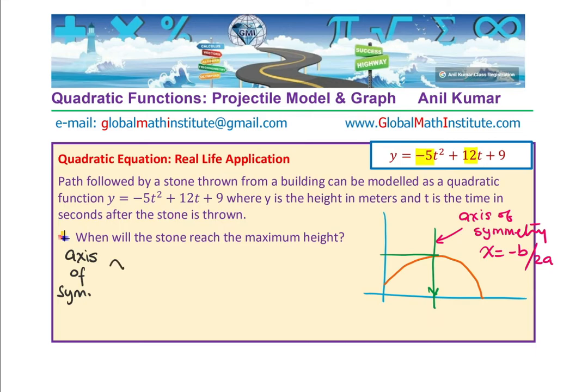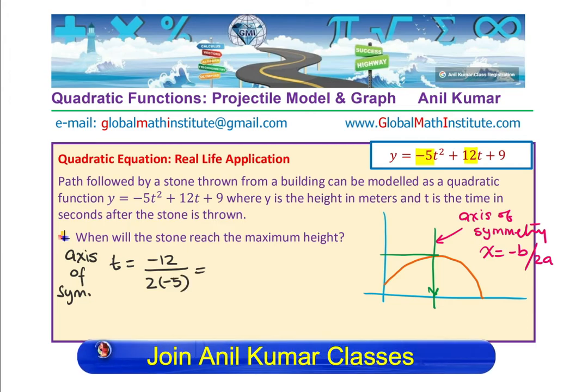So this is at x equals to, we should write t since we are working with time. So at t equals to minus 12 over 2 times minus 5. You get the idea. So it is 12 over 10 or 1.2.